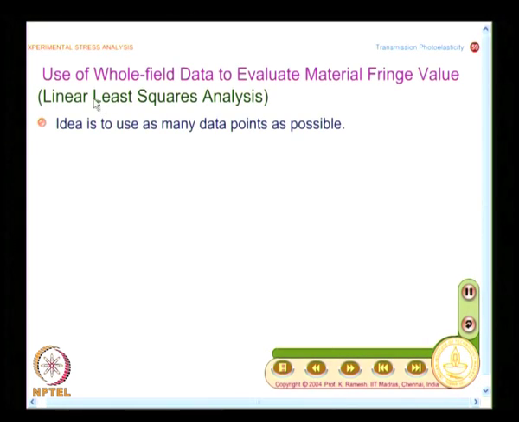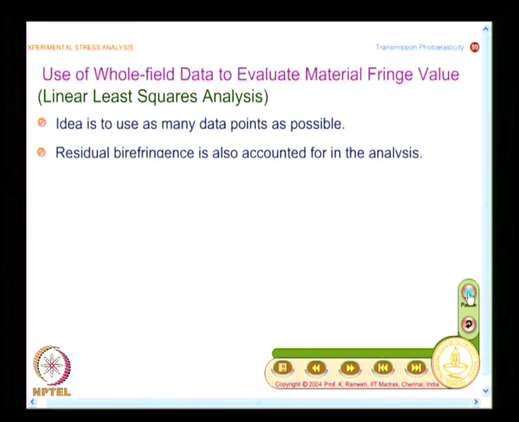Because I record a whole field information, why not I use the whole field information? That is the focus, and you have that given as method of linear least squares, and we want to use whole field data to evaluate material stress fringe value.